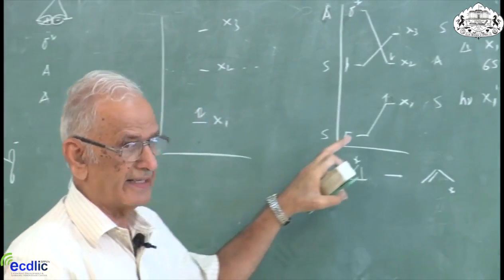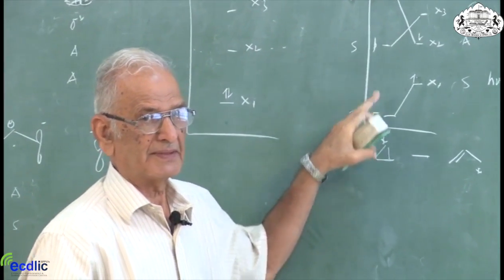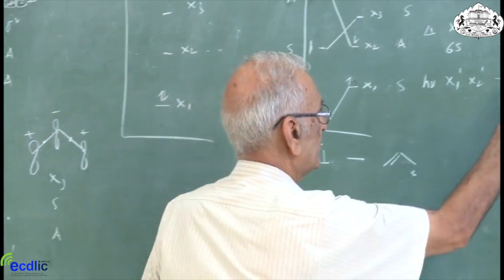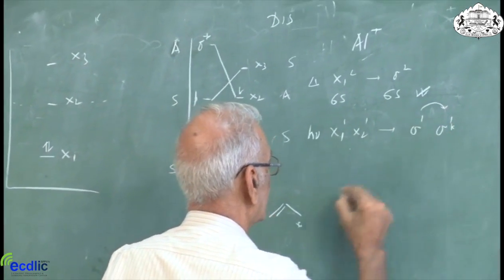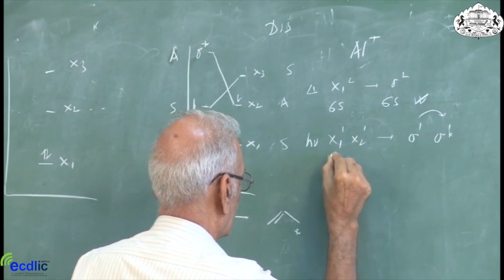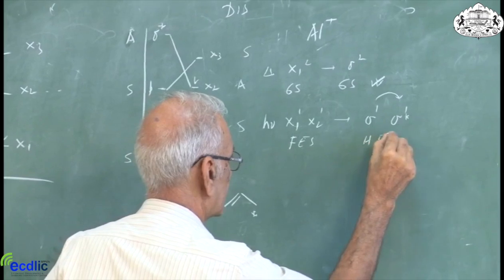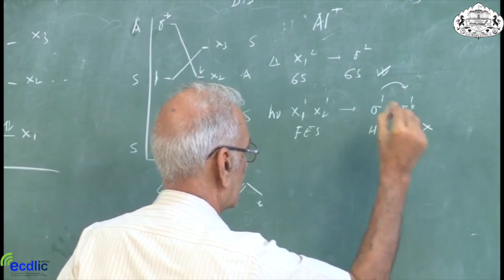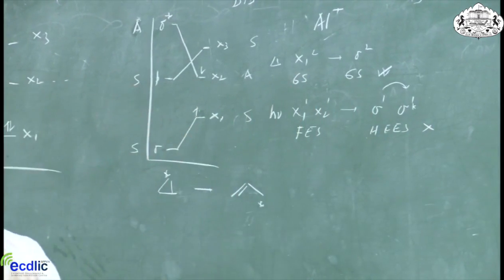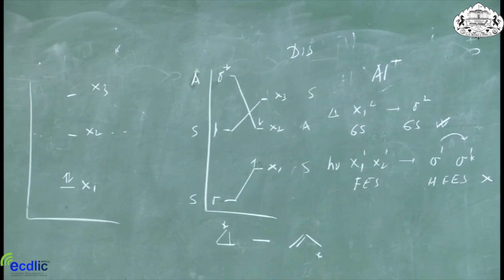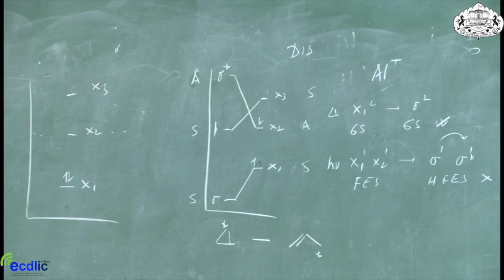So, you are exciting electron from sigma into sigma star. So, first excited state gives high energy excited state. Therefore, disallowed. Please, I repeat, if you have a problem, do not keep quiet, ask.